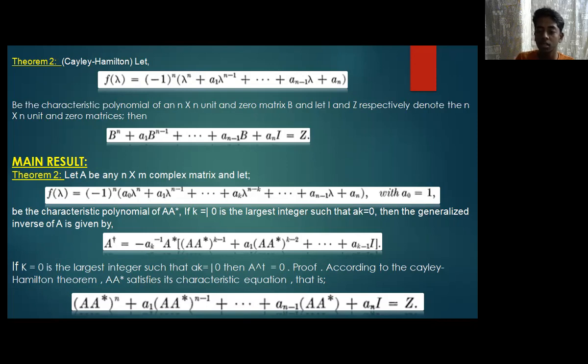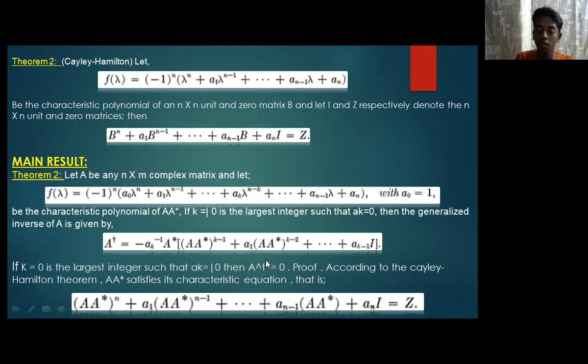Because as we have discussed that a naught has to be 1, then only a naught will get a certain output. Or else if we keep a naught equal to 0, the whole equation becomes 0. So that is the reason the statement says that if A^k is equal to 0, then A inverse is equal to 0.